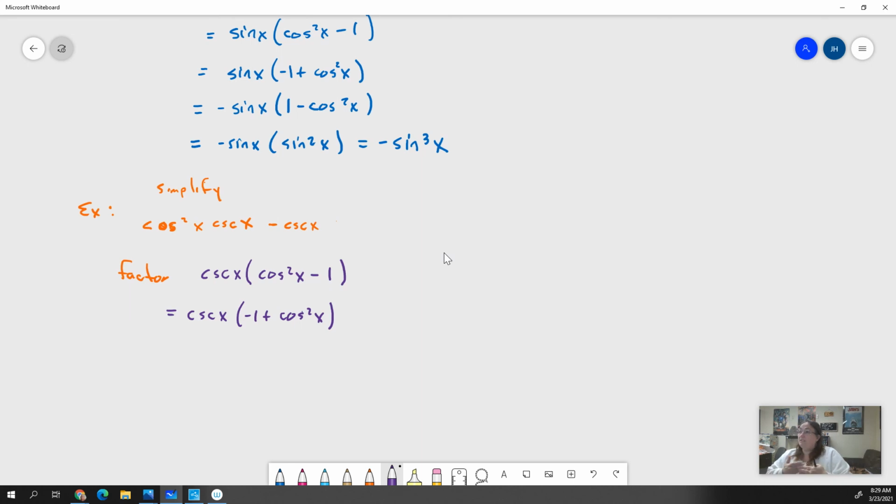And it is, cosecant does work off of sine, so when we factor out that negative, it comes out negative on this side, right? If it was cosine, it would stay positive on this side. And we would get 1 minus cosine squared of x.